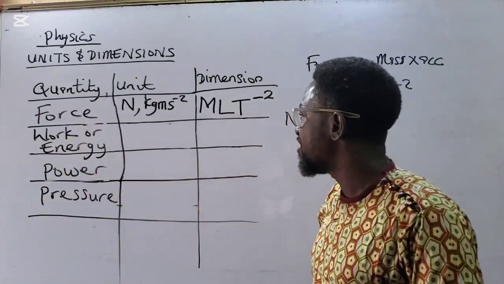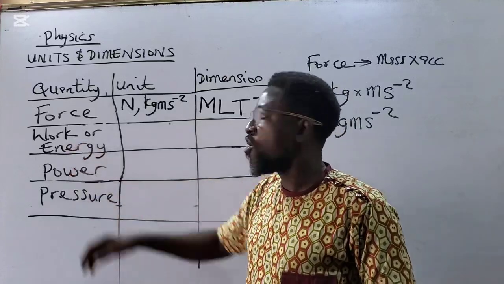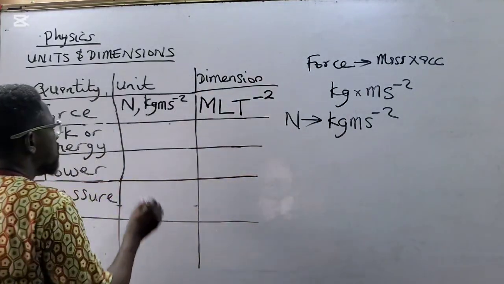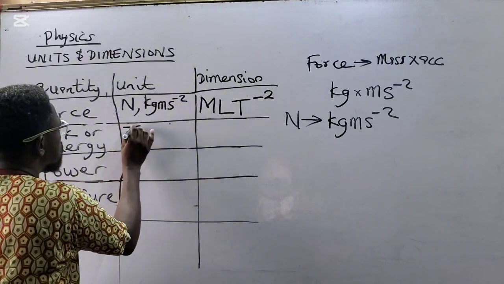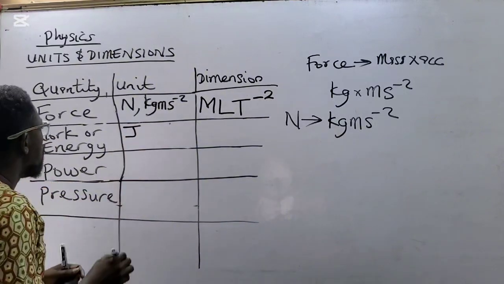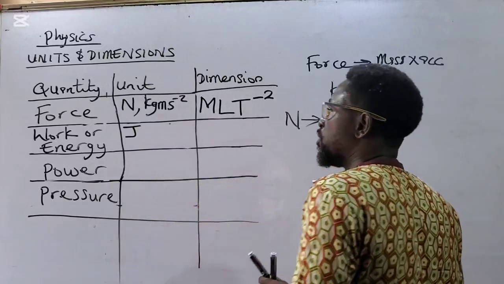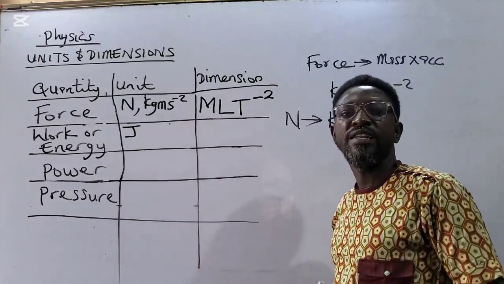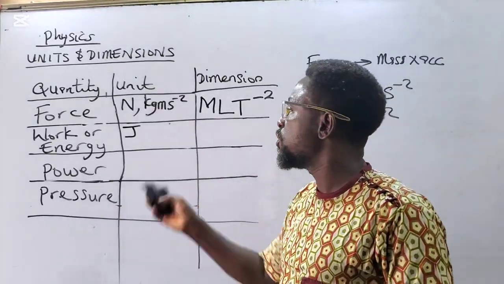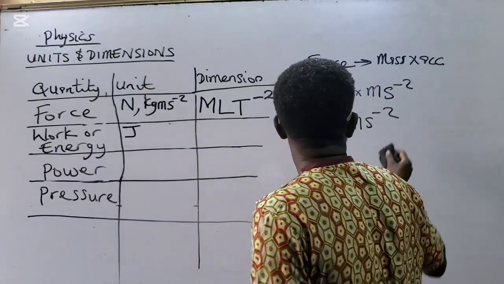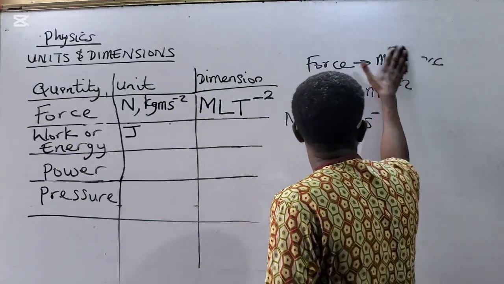Okay, let's proceed now. Let's look at work or energy. The unit of work or energy is the joule. But we cannot get the dimension from here. I need to get the equivalent unit to the joule.